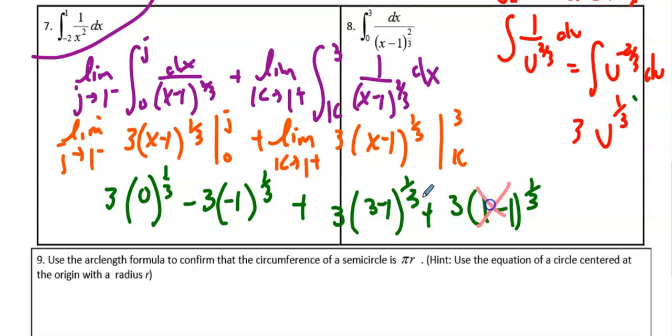So clearly these values are going to go away. I don't know why I erased that second one, I apologize. I meant to do this one. This one's going to go away. So we're going to be left with negative 3 times negative 1 to the 1/3 power, which is going to be 3. And then this is just going to be 3 times 2 to the 1/3 power.